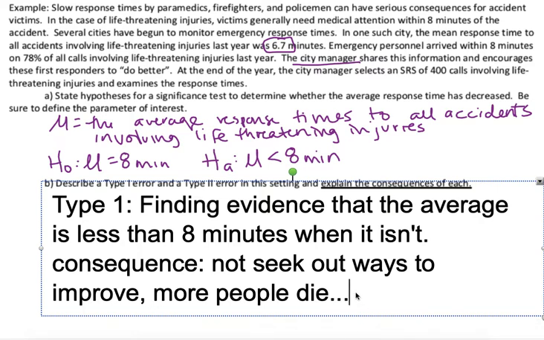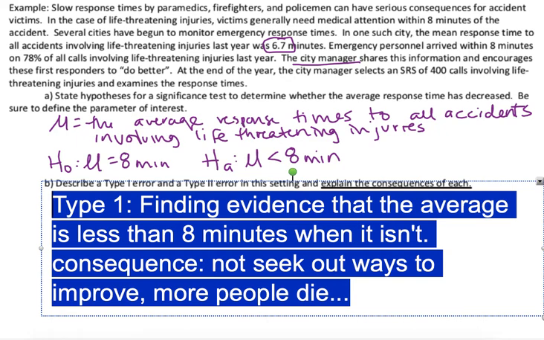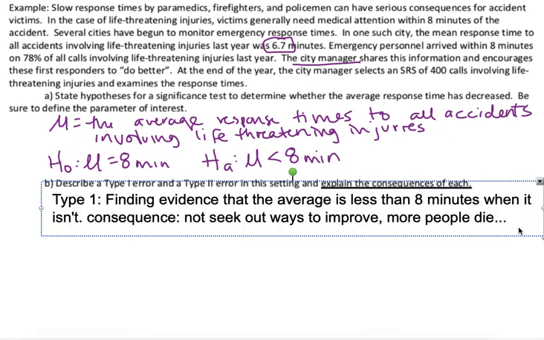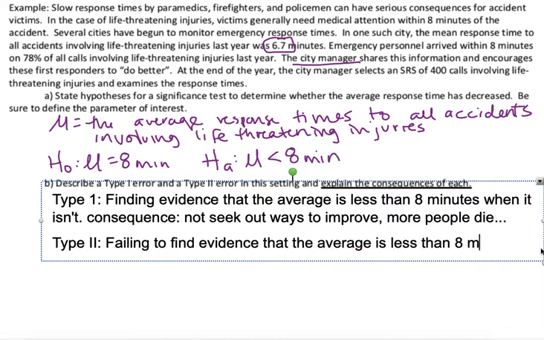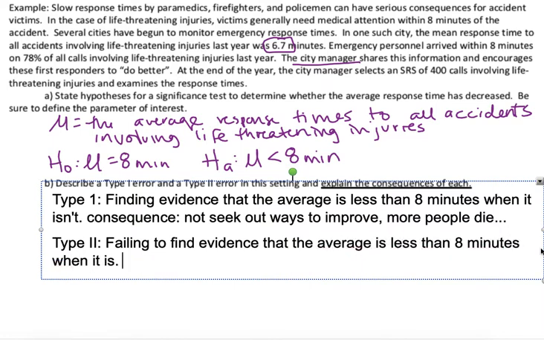A type 2 error is when we fail to find the evidence that we should have. So type 2, failing to find evidence that the average is less than 8 minutes when it is.